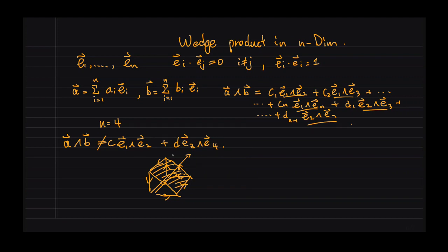This can never happen. E1 wedge E2 plus E3 wedge E4 can never happen because they don't share the same axis.